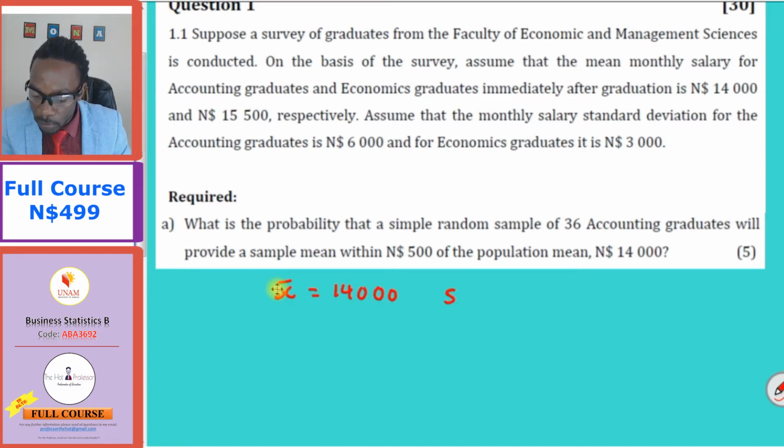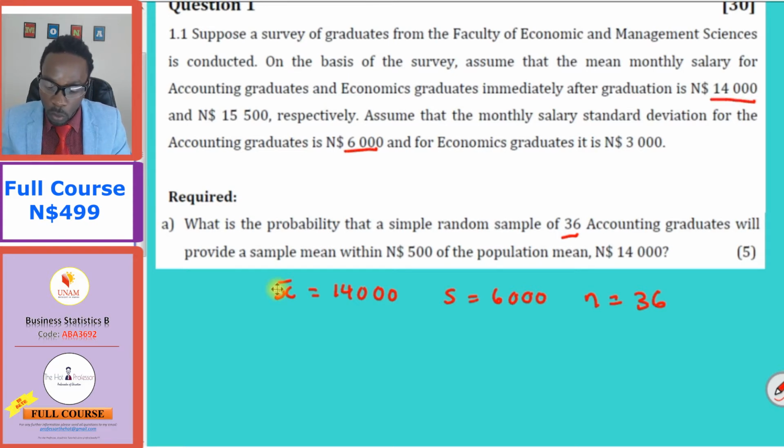My sample standard deviation is 6,000 and my sample size is 36. The 36 is given here, standard deviation is given here, and the mean is given here.